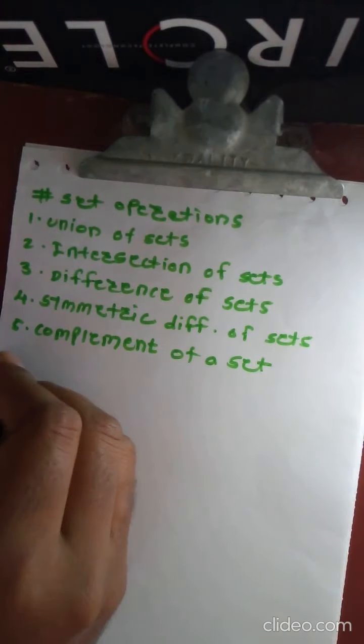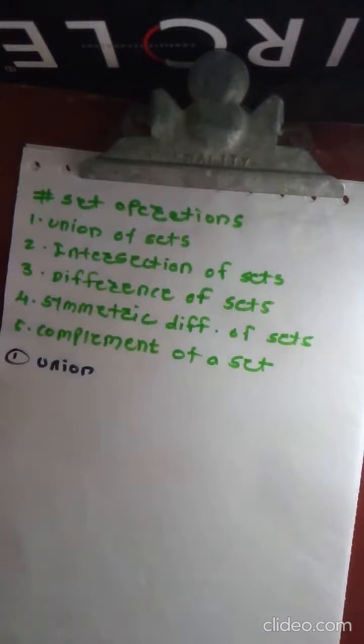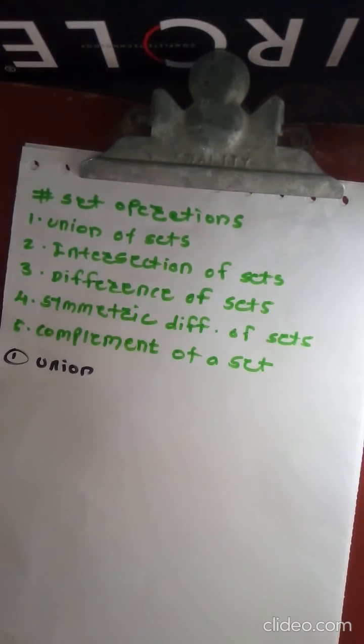So first, union. So how we can define the union of two sets?